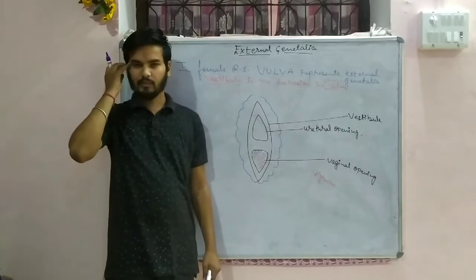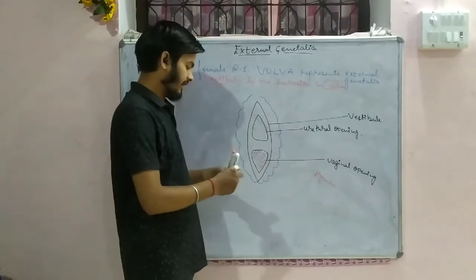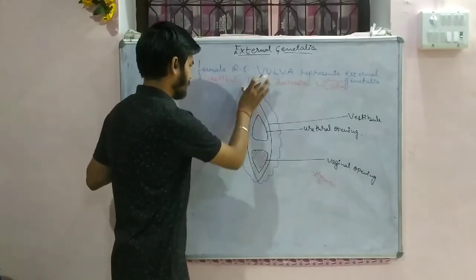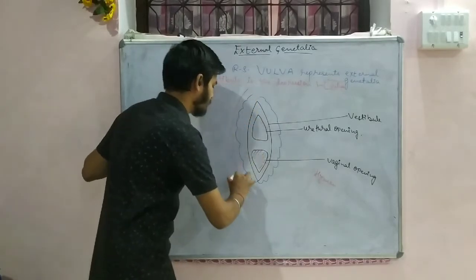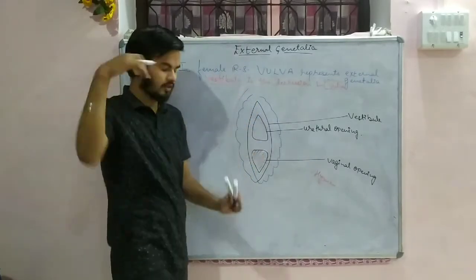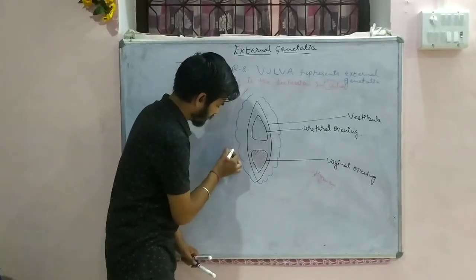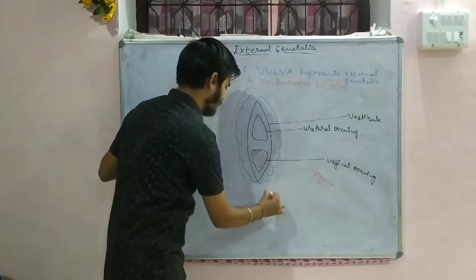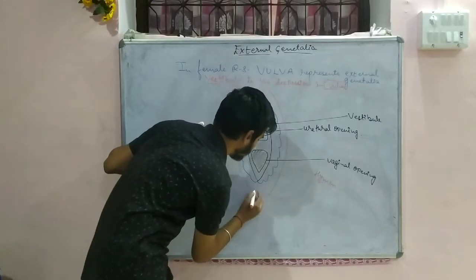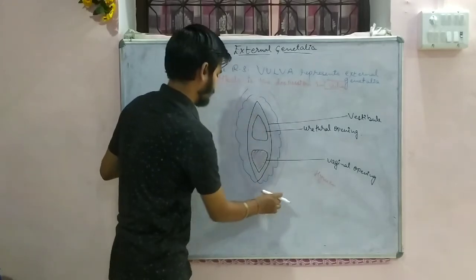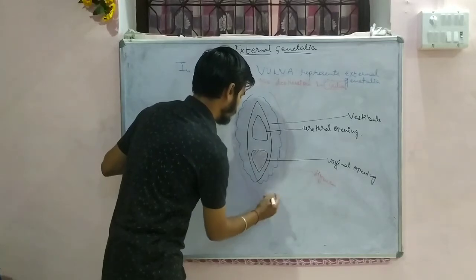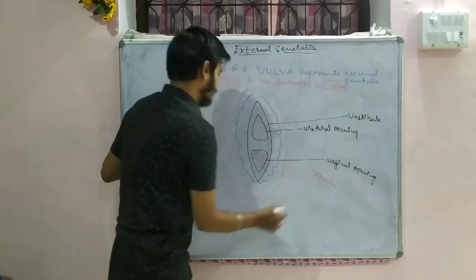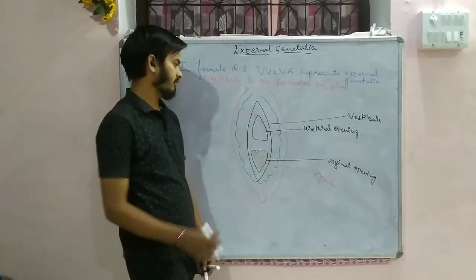This is one type of lip which is surrounding the vagina, and the other is this. So these are the two types of lips which are surrounding the vaginal opening.